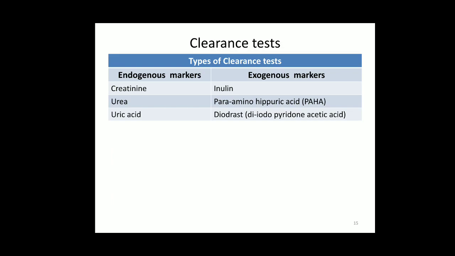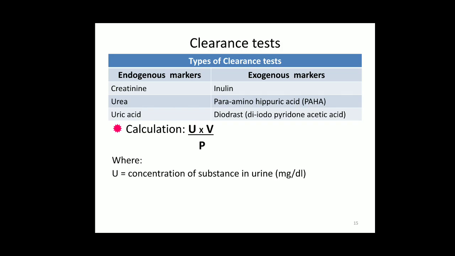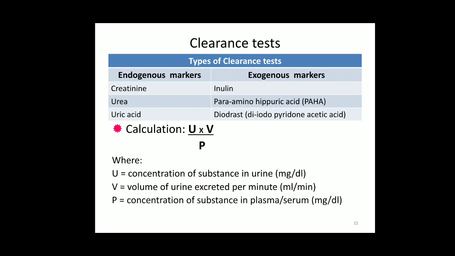The types of clearances we have are creatinine clearance, urea clearance, uric acid clearance, and exogenous markers like inulin clearance, para-aminohippuric acid clearance and diodrast clearance. All these are endogenous and exogenous markers. The calculation for the clearance test is U into V by P, where U is the concentration of the substance in urine, V is the volume of urine excreted per minute, and P is the concentration of the substance in plasma or serum. Suppose we are doing the creatinine clearance test.